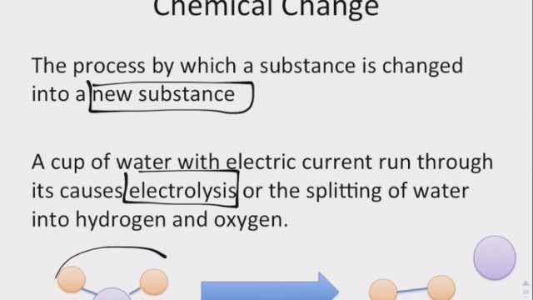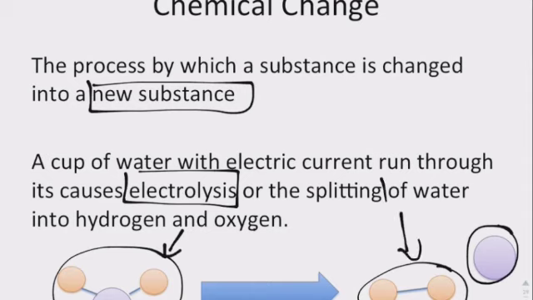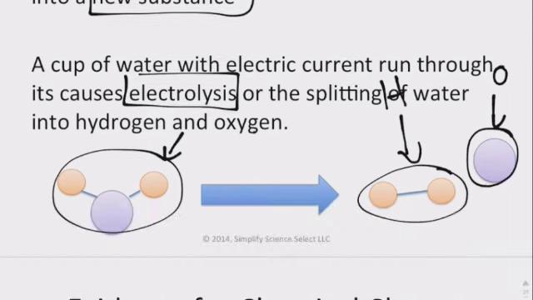So we take this water molecule, we add electricity to it, and it breaks up into hydrogen and oxygen atoms. And so that's breaking apart into something different. Water is a liquid at room temperature. If we were to break water apart into hydrogen and oxygen, the hydrogen and oxygen would be gases at room temperature. So it changed into something brand new.